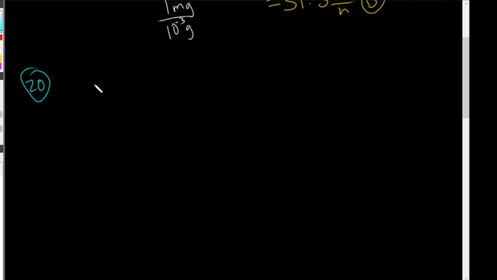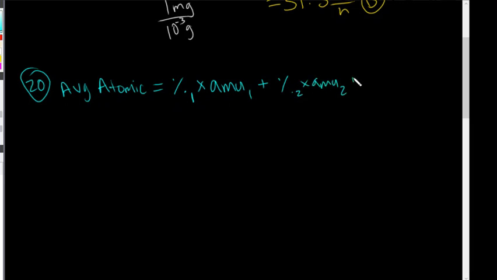You're going to do this. Your average atomic mass equals percent of isotope 1 times the AMU of isotope 1 plus percent of isotope 2 times the AMU of isotope 2 plus percent of isotope 3 times the AMU of isotope 3 plus blah blah.